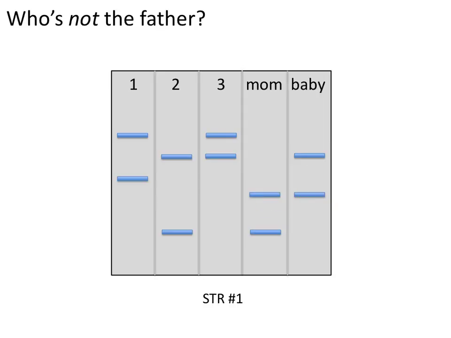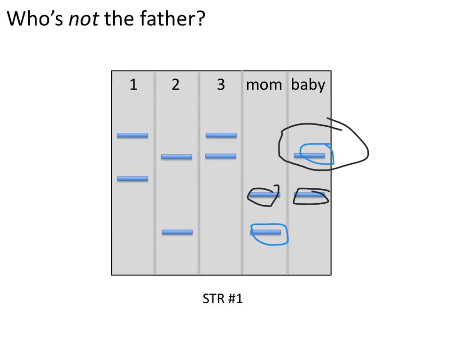Okay, so here we are again. We've got mom and the baby, and here's the baby's father. Okay, so we're only interested in this fragment up here. Now, if we go across, we've got three different possibilities for fathers.